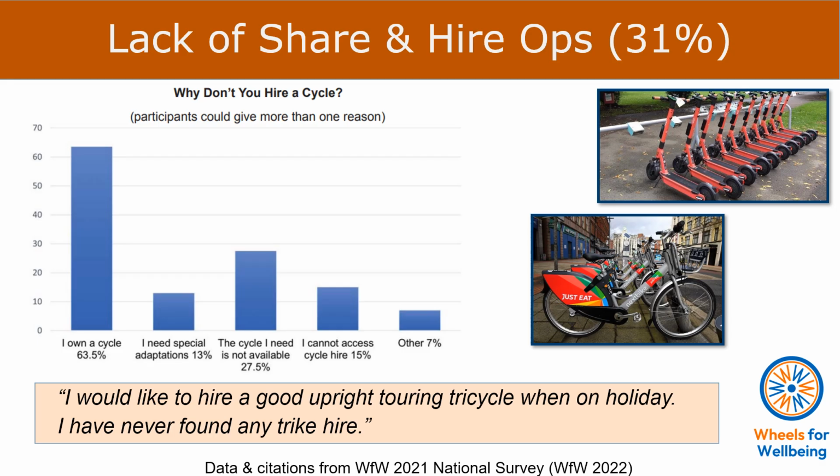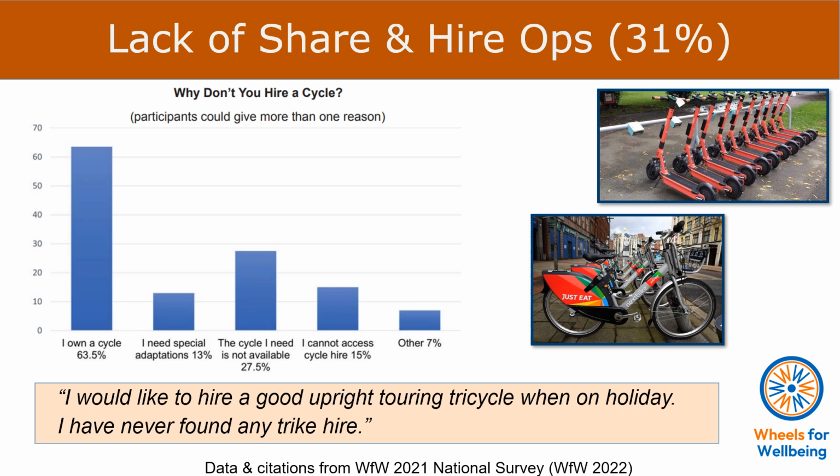So there's a graphic on the screen which highlights, as I've already mentioned, that the majority of our respondents already own their own cycle. But then for those who didn't, the type of cycle that they needed, maybe the cycle type or needing special adaptations, were not available on any of the share or hire schemes that were available in the country.